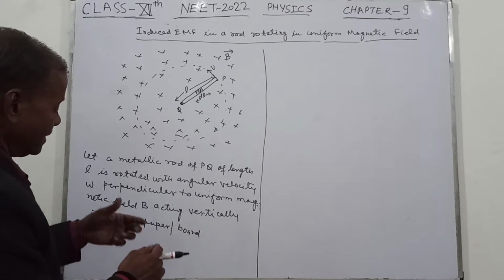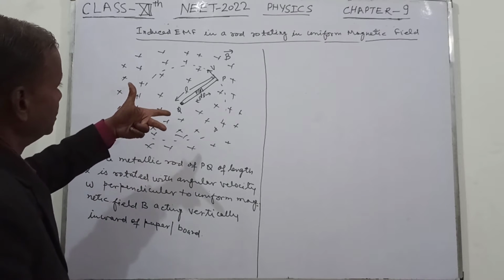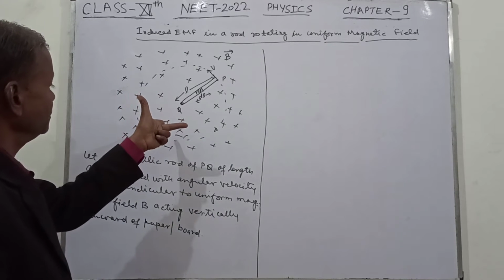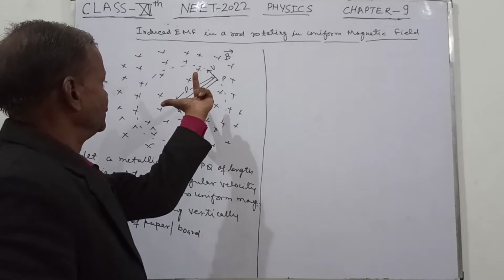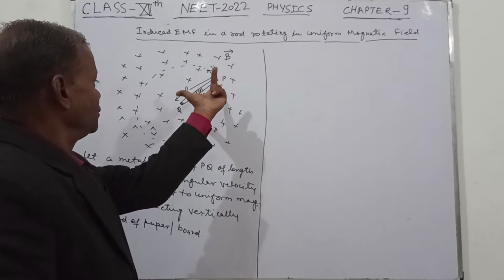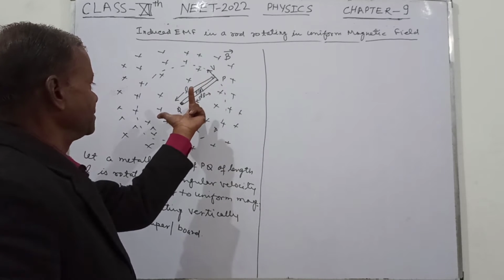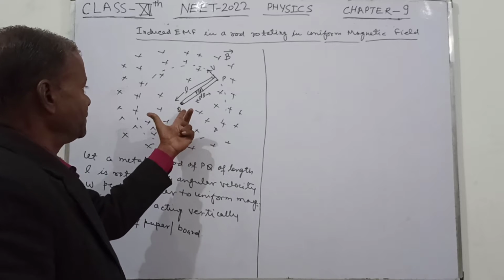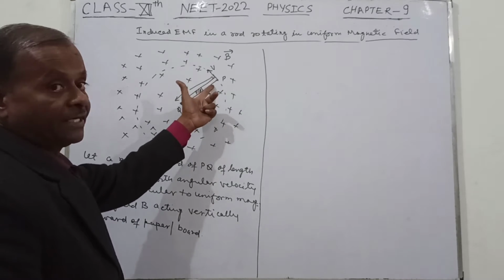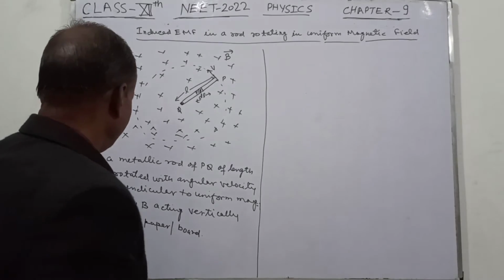So if we apply the left hand rule, the magnetic field is like this, and it is like this. So the positive charge will be on this side. It means that this point will be the positive charge and this will be a negative charge.